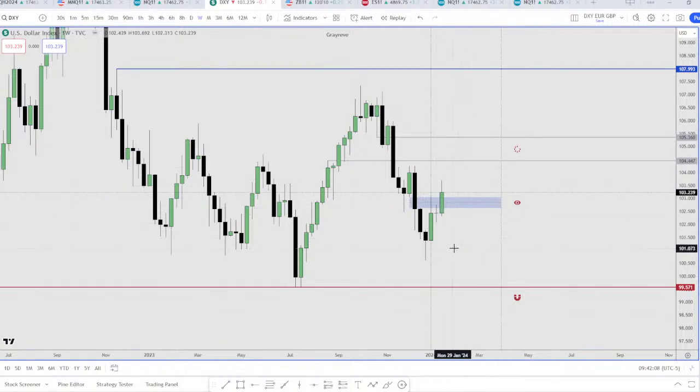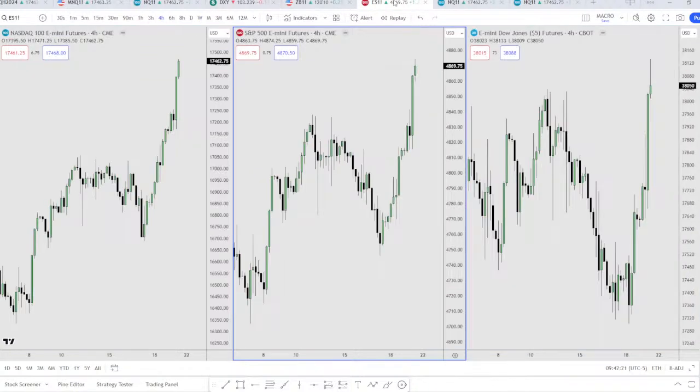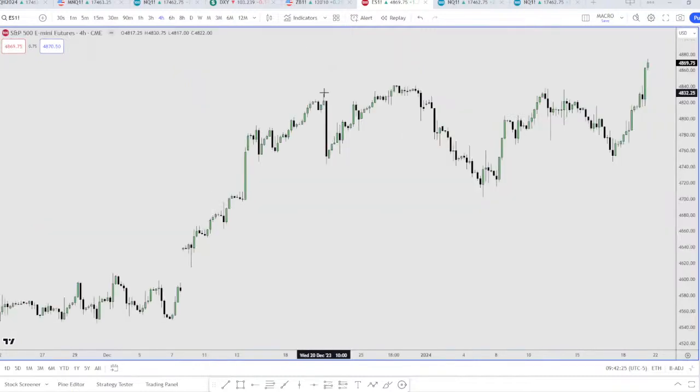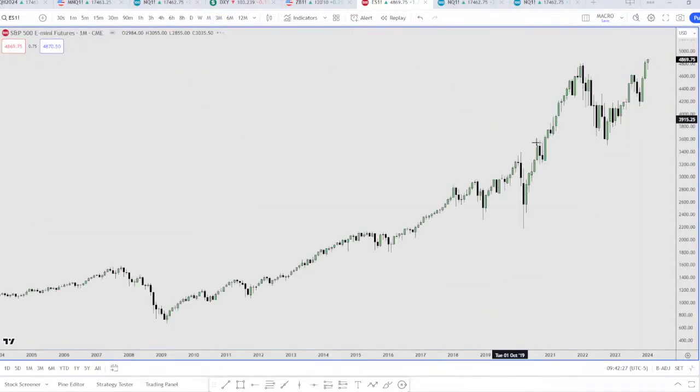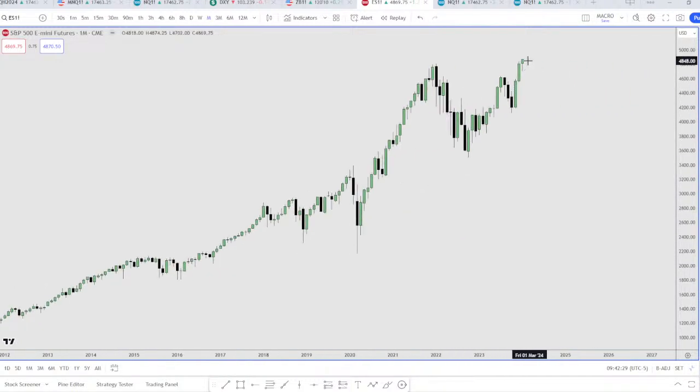Okay, it doesn't work like that if you're using it for indices. Okay, so this is dollar, and let's take a look at ES right here to see if there's anything that I can utilize. Right, no, nothing much here.